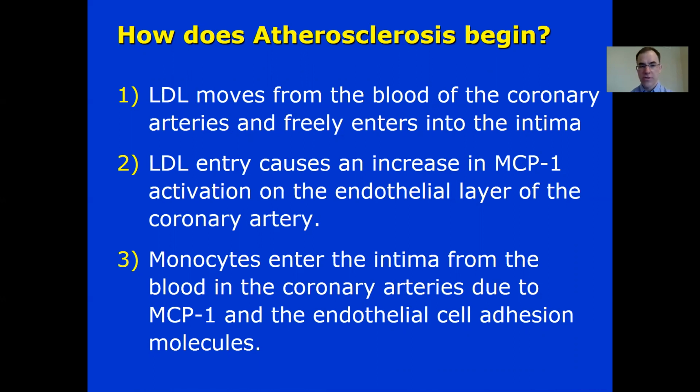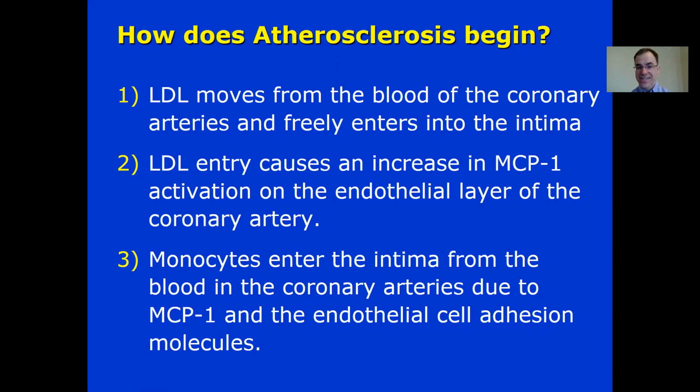So there's really three different things we need to talk about. First, LDL moves from the blood of the coronary artery and freely enters the intima, which we just saw from that slide. We also have LDL entry causing an increase in MCP1 activation on the endothelial layer of the coronary artery. We saw that as well. That was step number 6 from that previous slide.